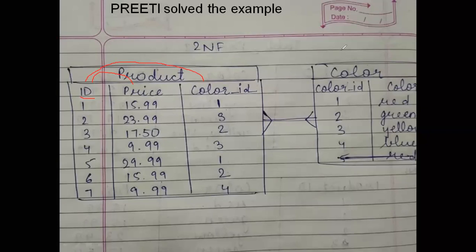These are the attributes that will make our data third normal form, so we can convert from second normal form to third normal form.